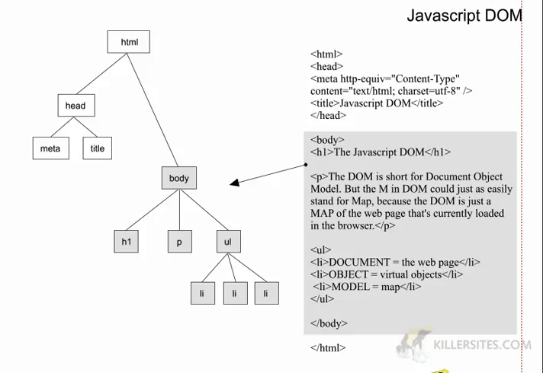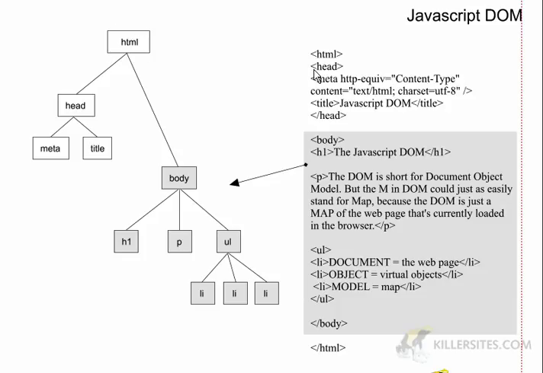So as I said, the DOM is basically a map or a model of a web page. If you look at our web page here, you see we have the HTML tag at the top. This sort of encapsulates everything underneath it. So let's look at our map, our model. You see HTML and everything falls under it.